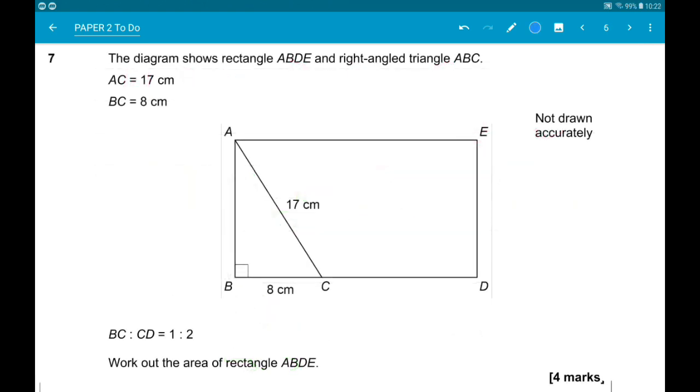Next up, we have a rectangle ABDE and a right angle triangle ABC. We are told the length AC is 17 centimeters, the length BC is 8 centimeters. Now we're told the ratio of BC to CD is 1 to 2, and we're asked to work out the area of the rectangle.